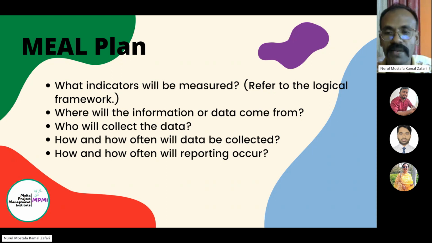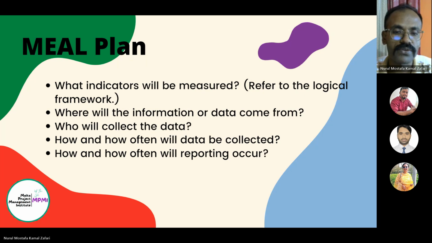And you have a plan to manage the activities effectively and efficiently. So the meal plan can be half a page, a very simple table where you put the indicators, the method of measurement.